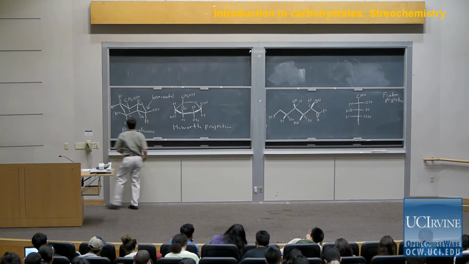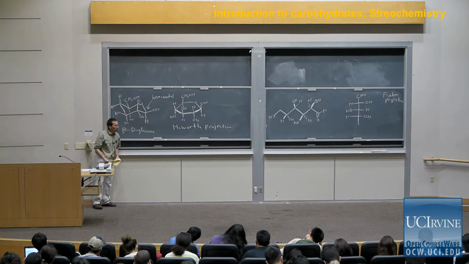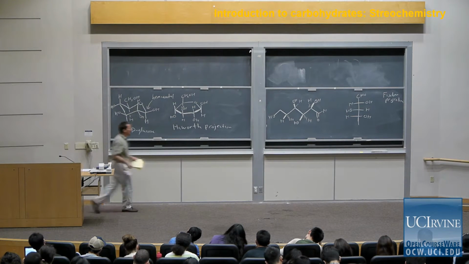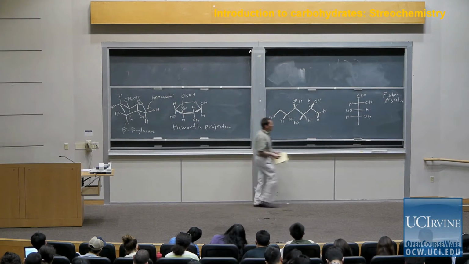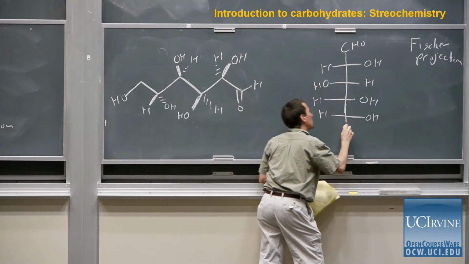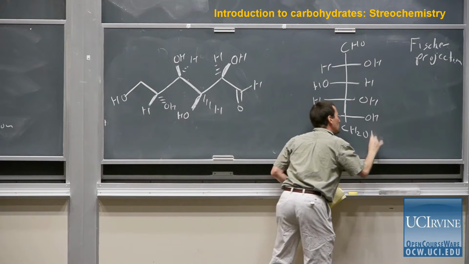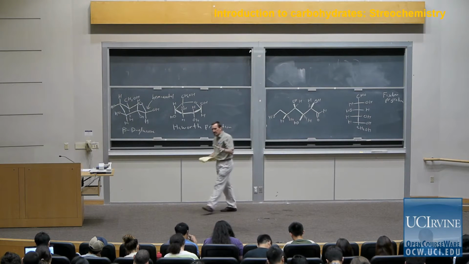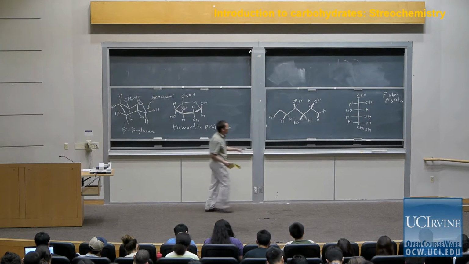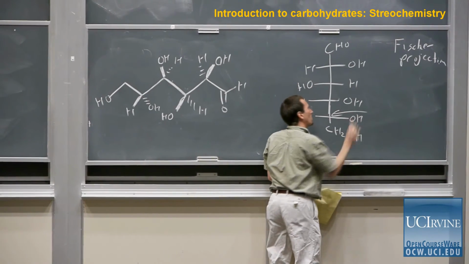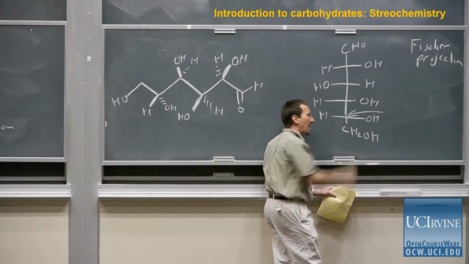And now the only point that gets confusing is over here. Let me draw how glucose is drawn first, and then I'll show you how we get over there. So the last position doesn't map well, and I'll show you why in a second. So here's our last position. And in fact, for all of the D sugars, they have this stereochemistry at this position, the position that's next to the terminus.